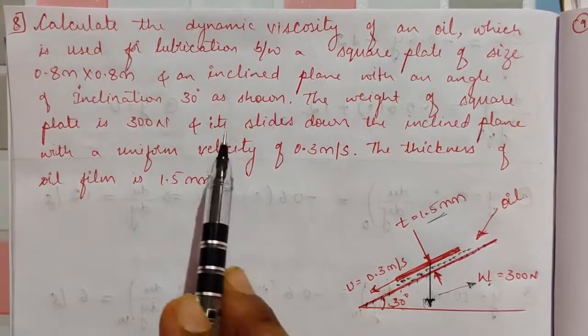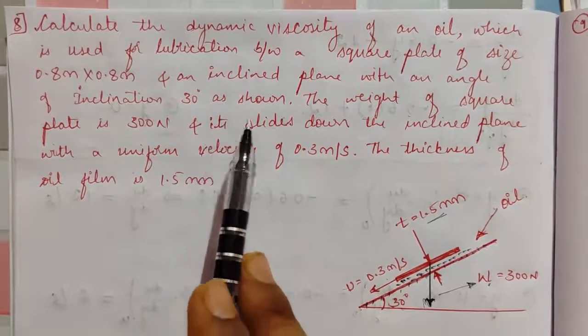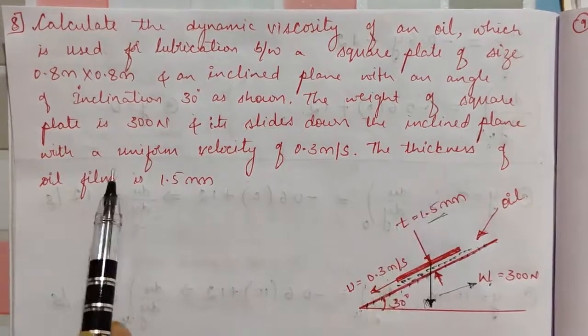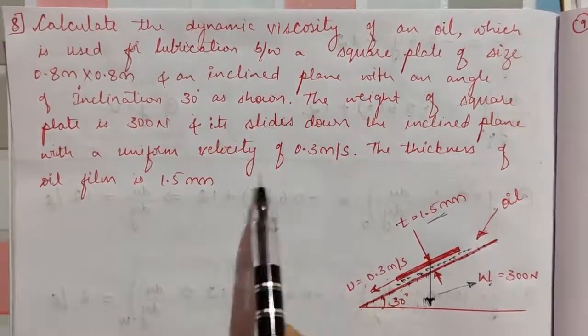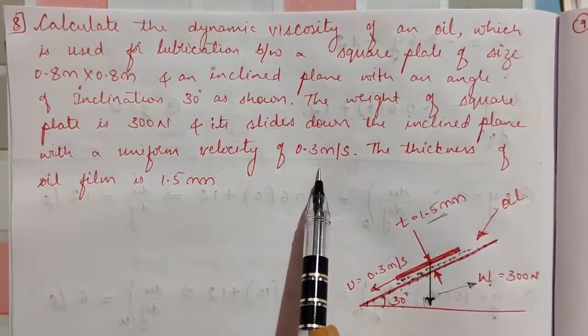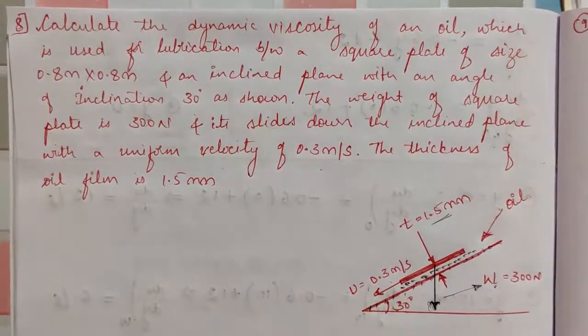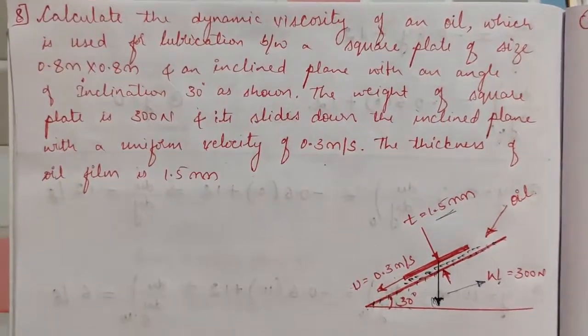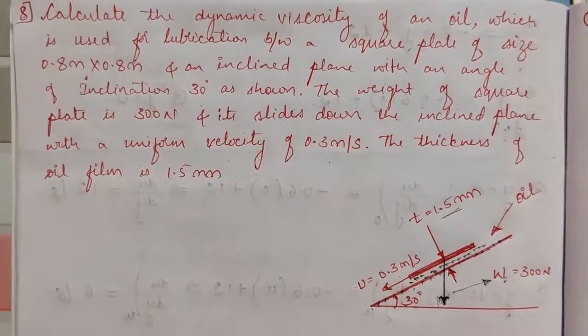Then what's given? Inclination is 30 degree, fine, and it slides down with a uniform velocity of 0.3 meter per second. Then what we need to find? We need to find the dynamic viscosity of the oil.